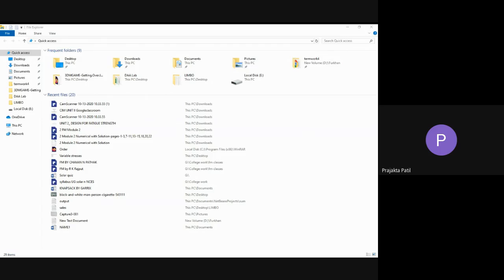Can you see the PDF now? No, ma'am, the PDF is not yet opened.